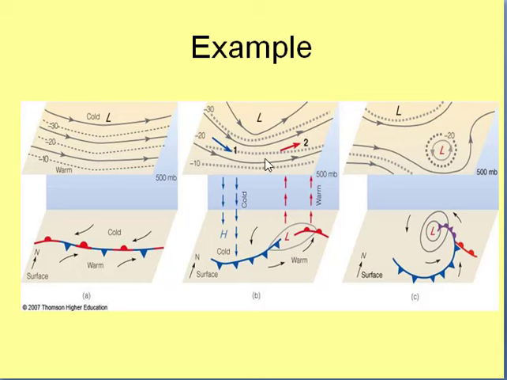When you have more curvature in the jet stream, or where the trough axis should be, remember, I have my low pressure on the right-hand side, I have my high pressure on the left-hand side. Air is converging aloft here and diverging at the surface, and on the right-hand side, my wind is diverging aloft because it's converging at the surface.